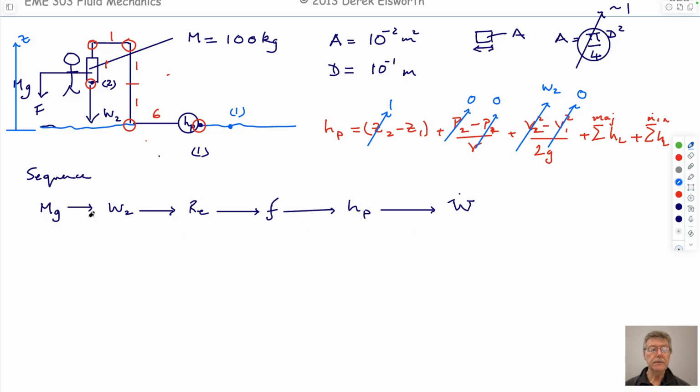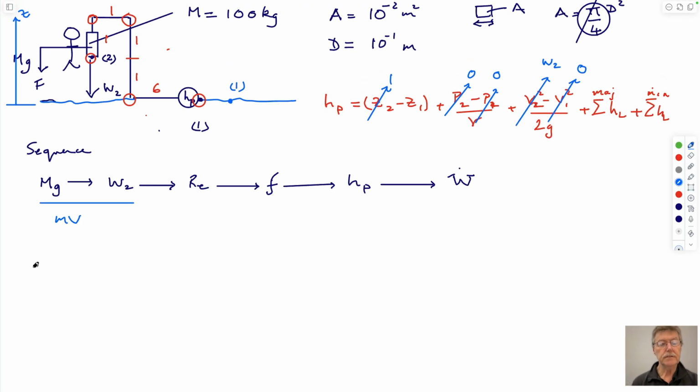Okay. So I missed out the first part. So this is the momentum equation. And so you'll remember the momentum equation is that the sum of forces is equal to the sum of velocities times mass flow rate, with dimensions attached to it.